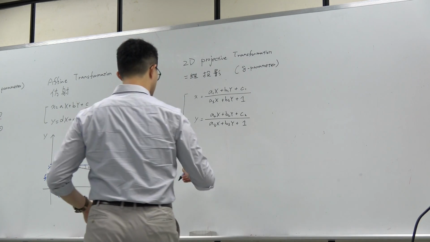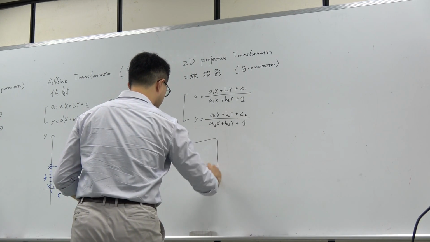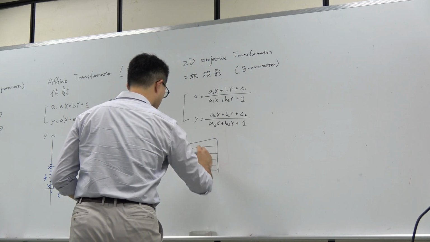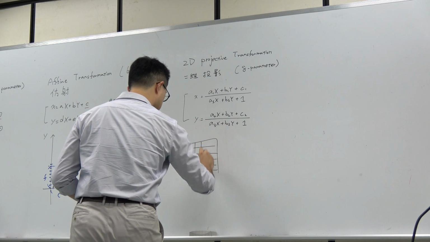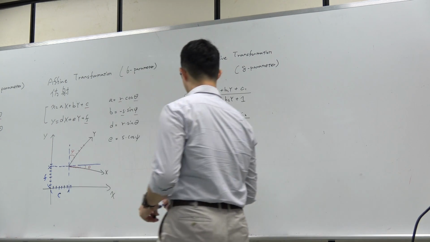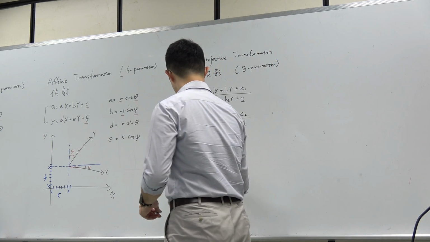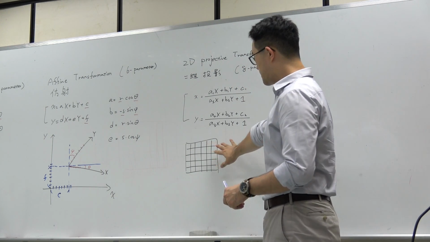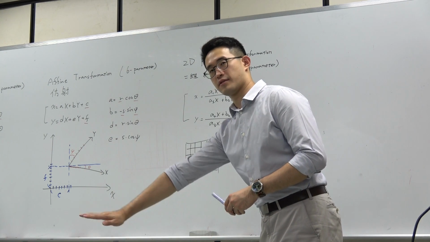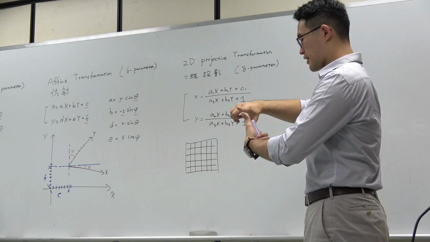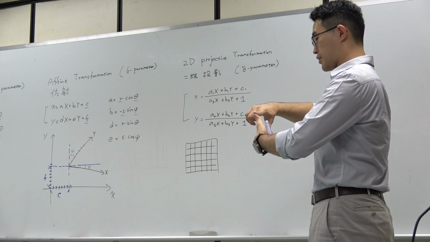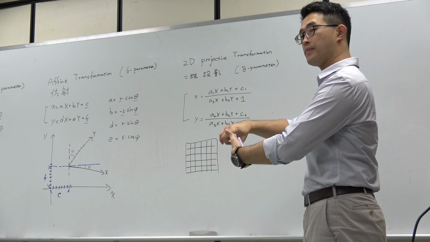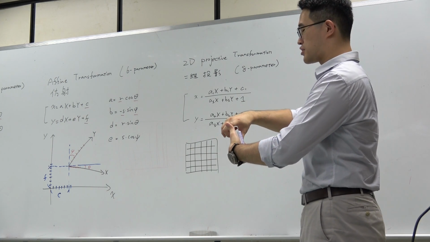So in this case, if we have a floor plane as the very, very regular tiles like this, this is one image plane. And imagine that is the floor, right? That is the floor. And right now, if I take a camera and take a photo with this direction, with this angle, what would your image look like?